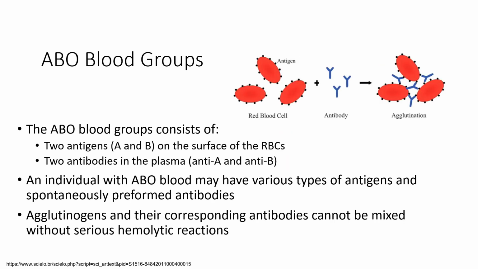So there's two types of antigens, the A antigen and the B antigen, that can be found on the surfaces of red blood cells, aka erythrocytes. And two possible antibodies can be formed in the plasma: the anti-A antibody, meaning the antibody that binds to the A antigen, or the anti-B antibody that binds to the B antigen.